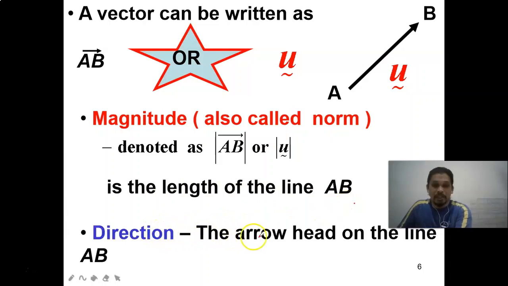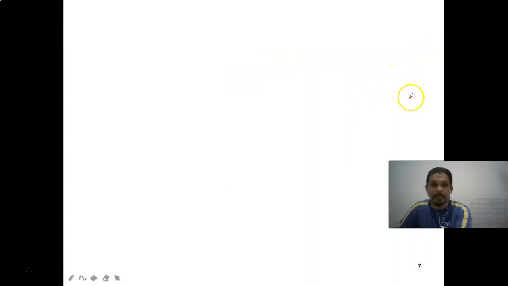And the direction is shown by the arrowhead on the line AB, from A to B.